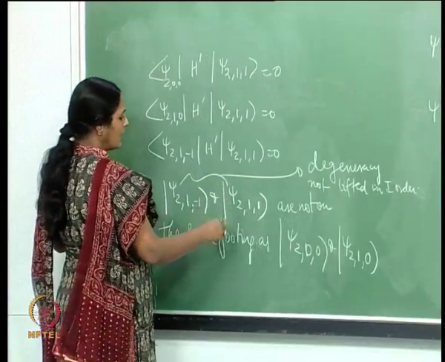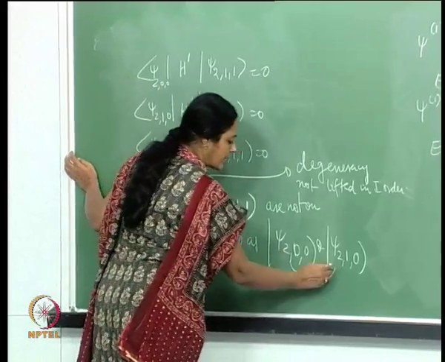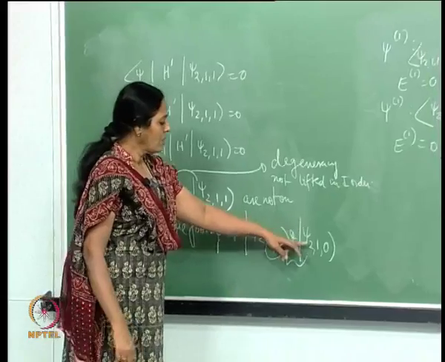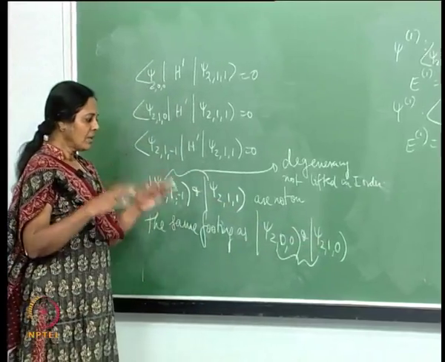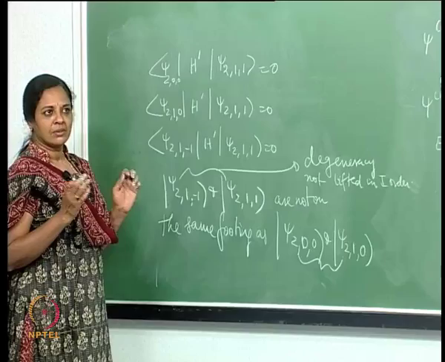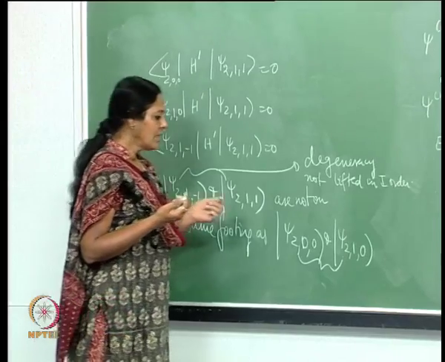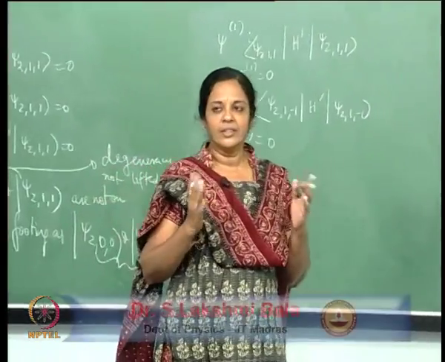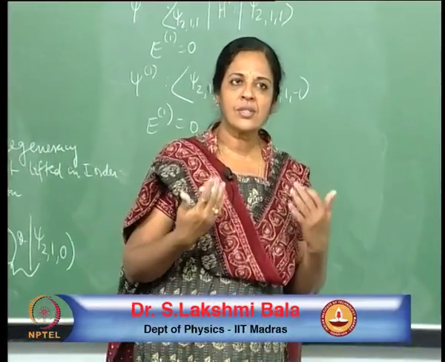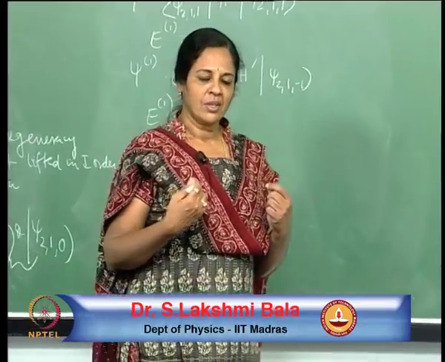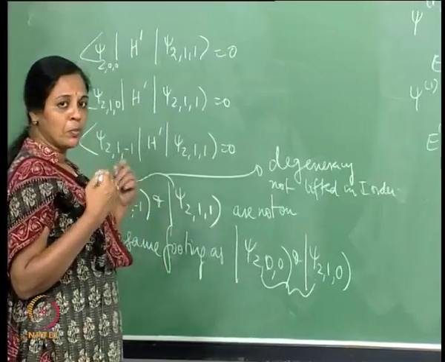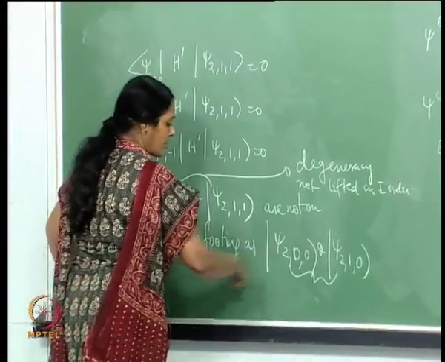It turns out that as far as these two states are concerned, I can produce superpositions of psi 2 0 0 and psi 2 1 0, two linearly independent states orthogonal to each other, such that they have different energy eigenvalues and they satisfy all the requirements of states that I expected from superpositions of the degenerate states.